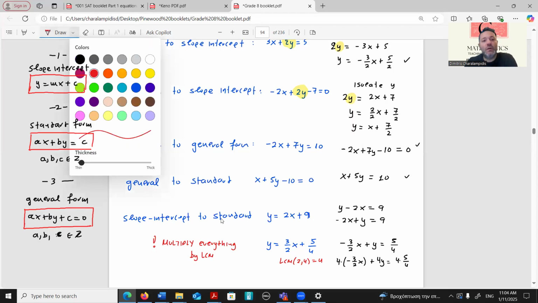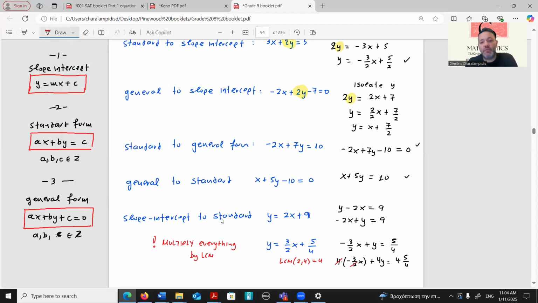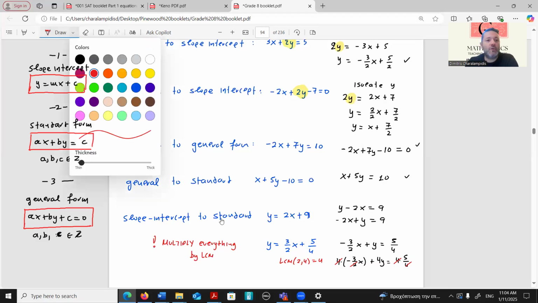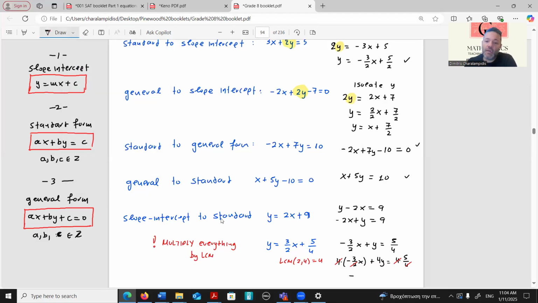By doing so, I will get some simplifications. So I'm going to end up with minus 6x plus 4y equals 5, which is an equivalent form with the previous one, but also in this one, we meet both conditions. X's and y's are both on one side, and all of them, a, b, and c, are whole numbers.